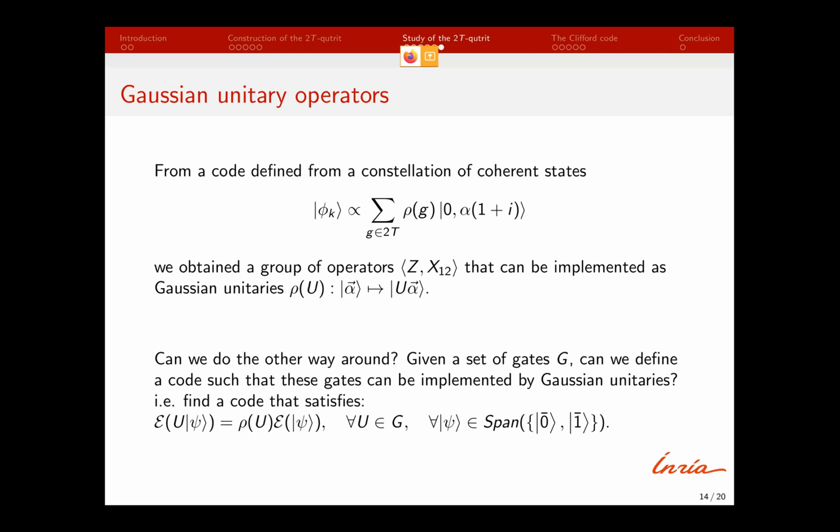And so then the question we've been looking at in the second paper is to do it the other way around. Given a set of gates, we try to define a code such that all the gates in that set could be implemented by Gaussian unitaries.